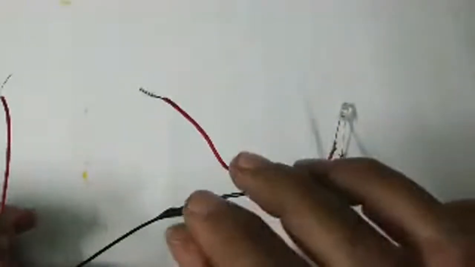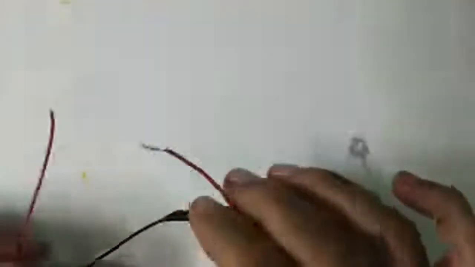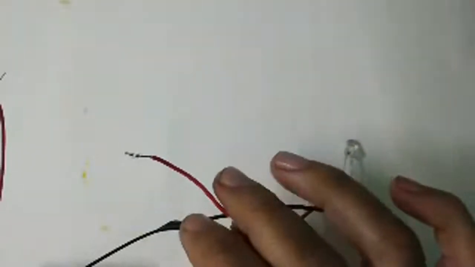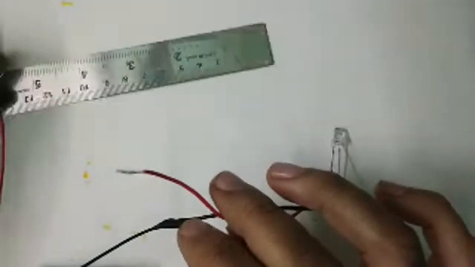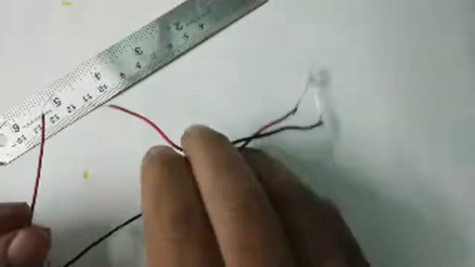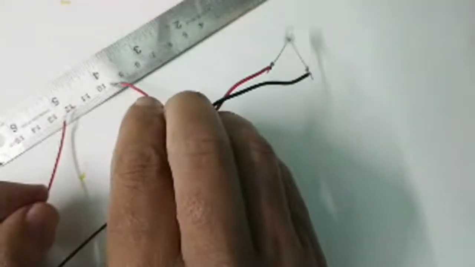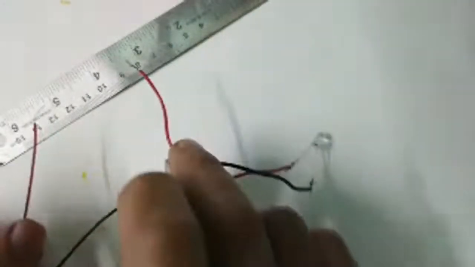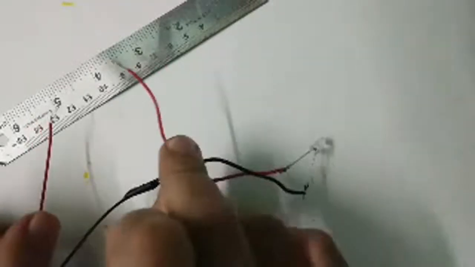If I use any metallic object and connect it between the two terminals, the bulb will light up. If I use a metal wire or a metal scale and connect it on this, you can see that the bulb is lighting up. This is one terminal and this is the second terminal.